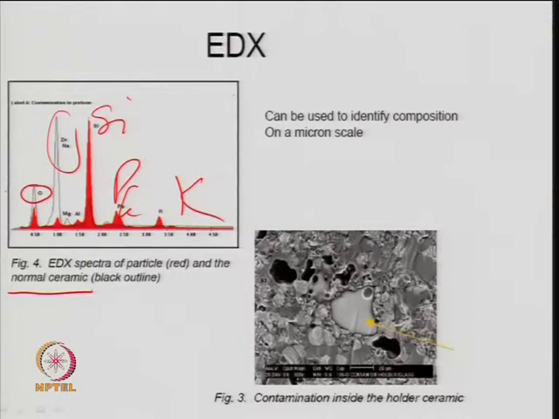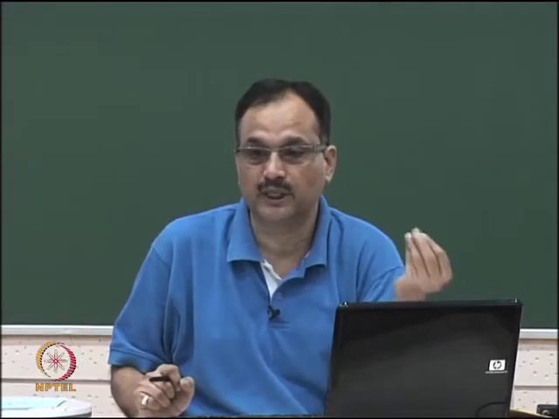So, by doing this SEM EDX, you can distinguish the original material or original support from the one where the metal has been impregnated, and you can compare what changes have occurred on the surface when that metal has been loaded.